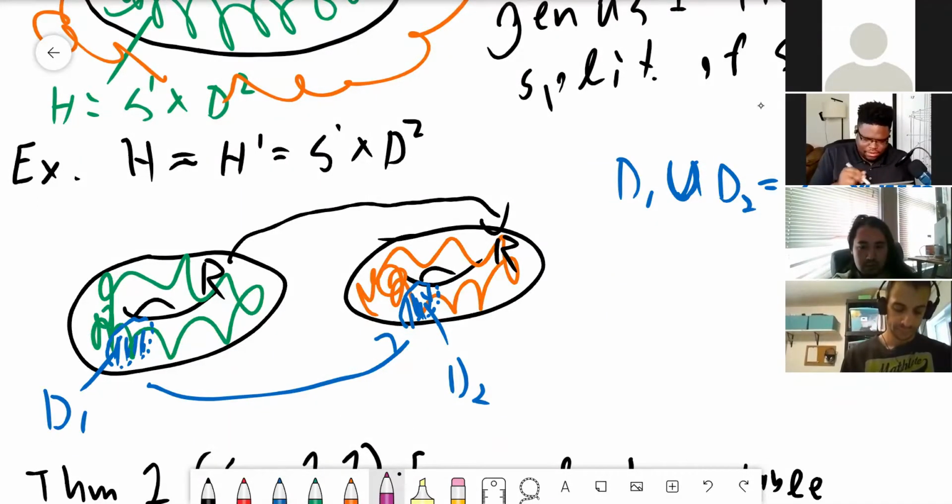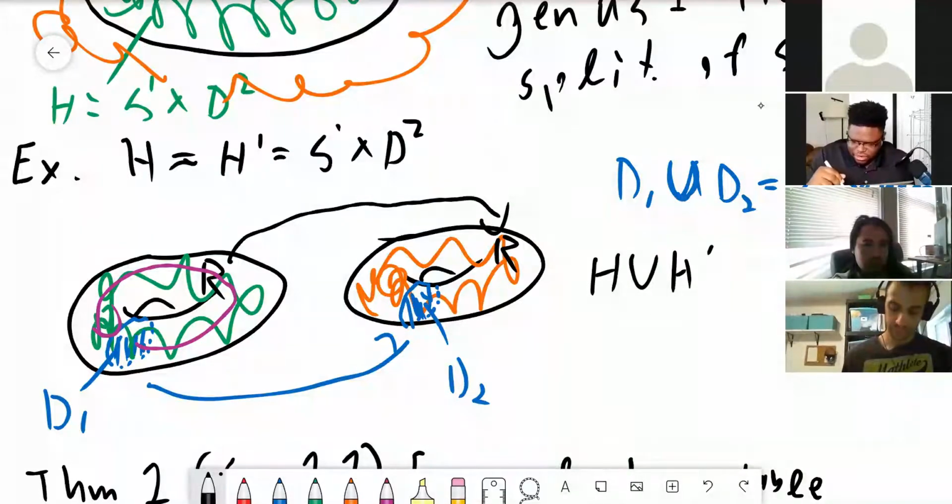And again, as we go around this manifold, we get a whole S1 worth of these 2-spheres. So if we glue these together along this map F that we specified here, we get S1 cross S2.